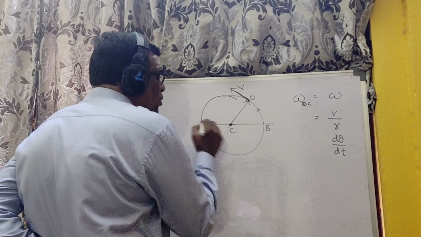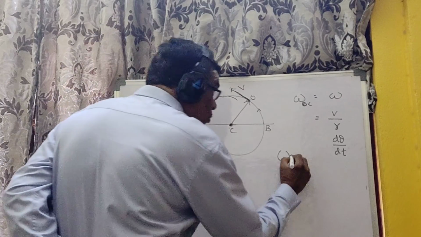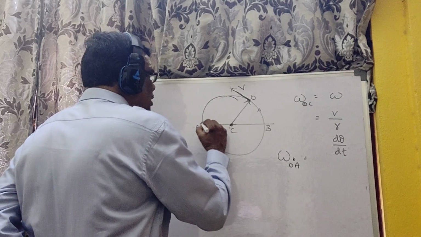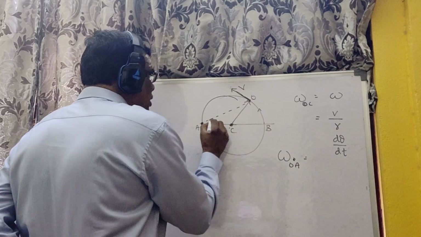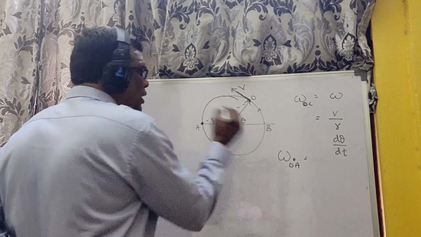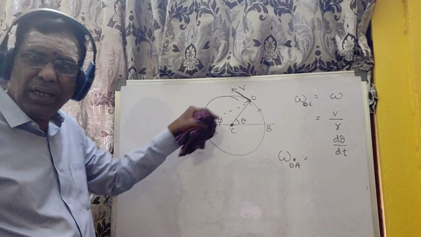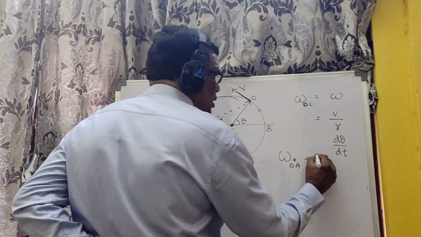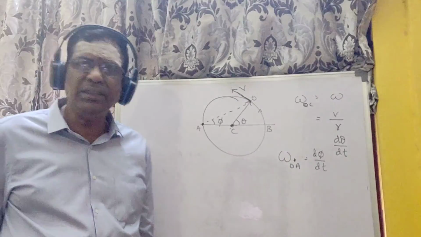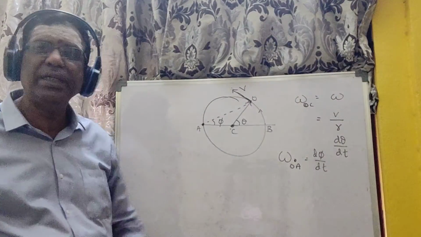If I ask you what is angular velocity of O with respect to A, what is this? I join these two. If I take this angle as phi, let this be theta, omega OA, omega with respect to A, this is nothing but d phi by dt. If you can get a relation between phi and theta, you will automatically get the answer.